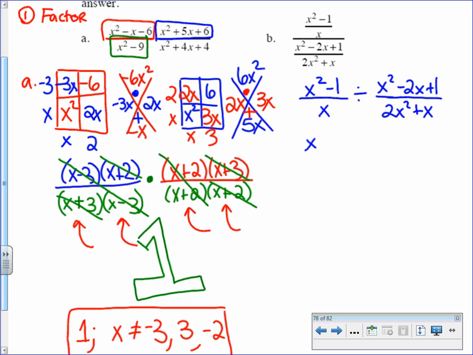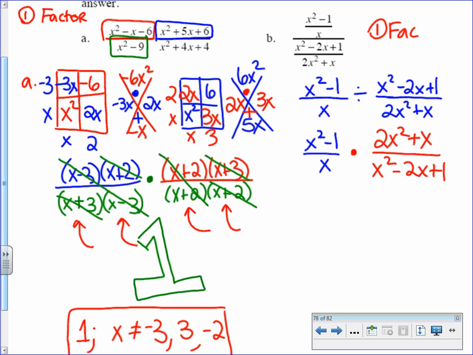So I'm going to keep the first fraction the same, change this division sign to multiplication, and flip the second fraction. That's the reciprocal. So now I have a multiplication problem set up, and I can go to that first step of factoring.